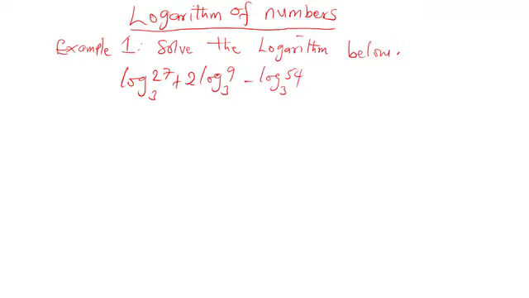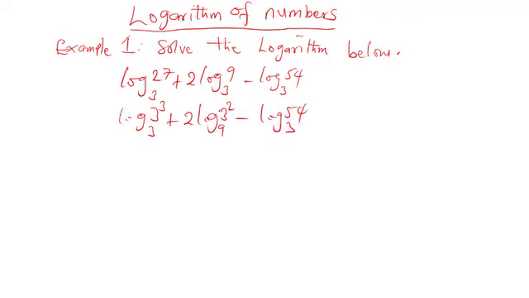Now with this, remember the law of logarithm. 27 is equivalent to 3 raised to power 3, and 9 is 3 raised to power 2. So this becomes log 3 raised to power 3 base 3 plus 2 log 3 raised to power 2 base 3, minus the log of 54 base 3.